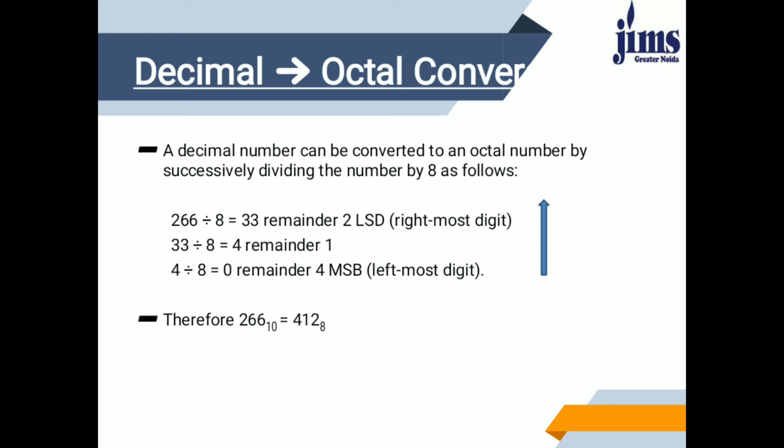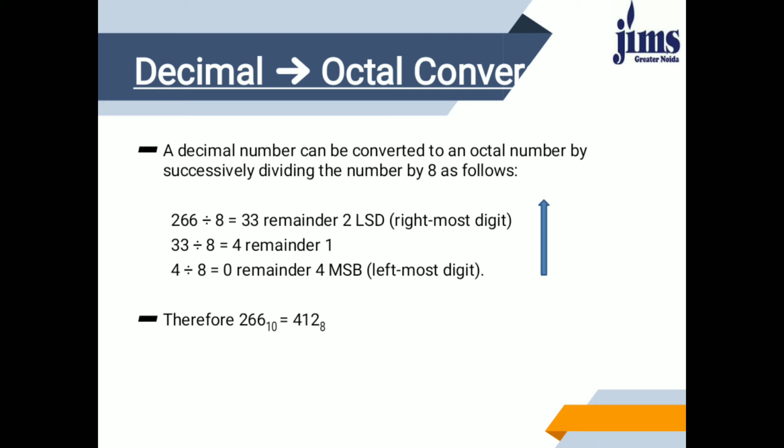So likewise, we were doing in binary conversion, we just need to follow same steps to convert any decimal number into octal. So 8 is your divider and 266 is your dividend.